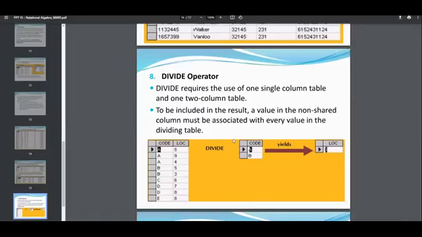You can see which has one single column and which has two columns. To be included in the result, a value in the non-shared column must be associated with every value in the dividing table.